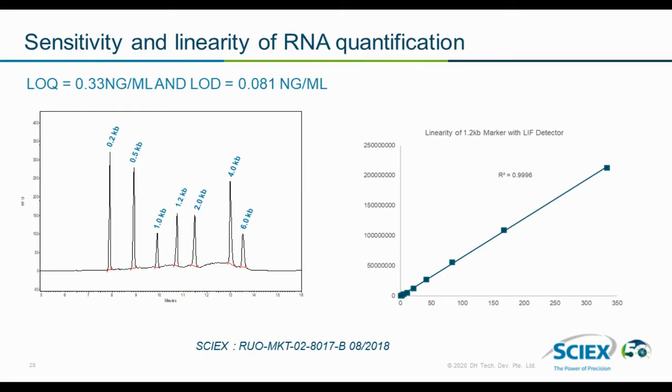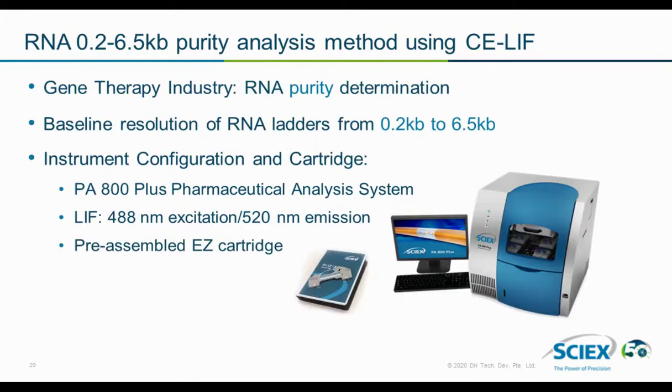This means you can detect very low percentage impurities in your product, and the response is linear over a couple of orders of magnitude, as shown on the right-hand side of the slide. Again, this is available from an application note, which was written a couple of years ago in 2018. If you want more information on the sensitivity possible for RNA quantification and the linearity, it's available on the SciEX application note.